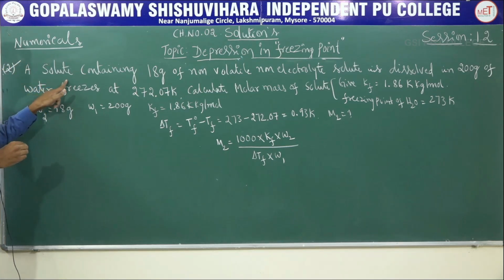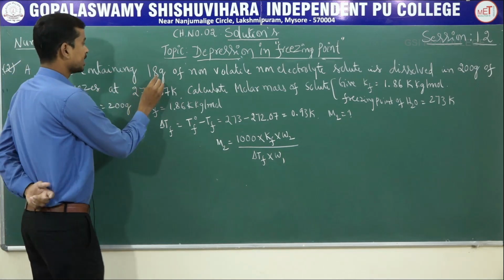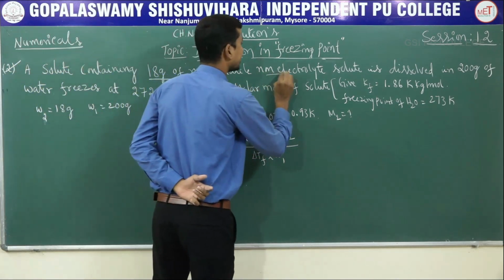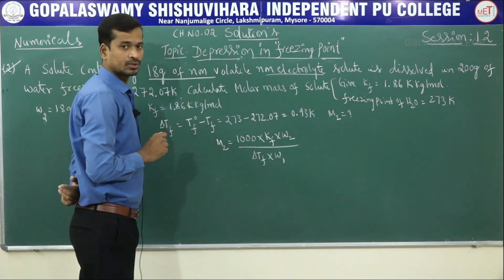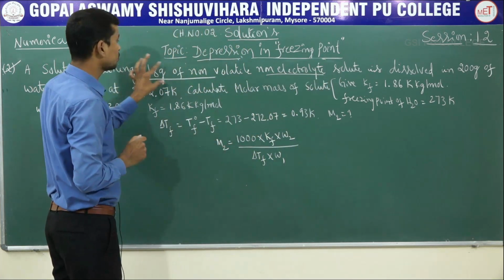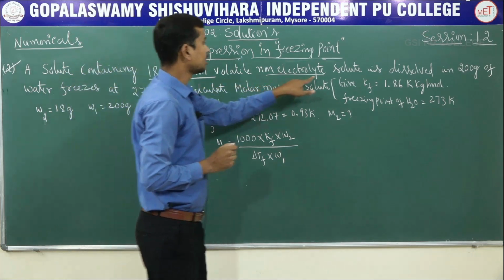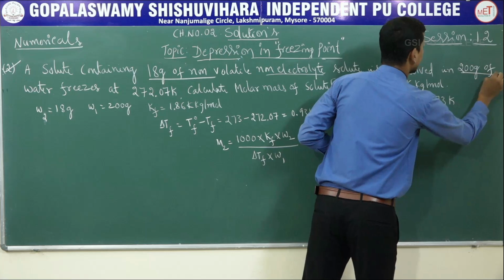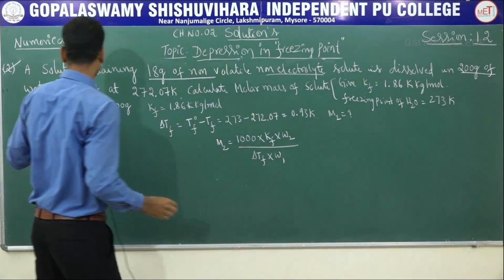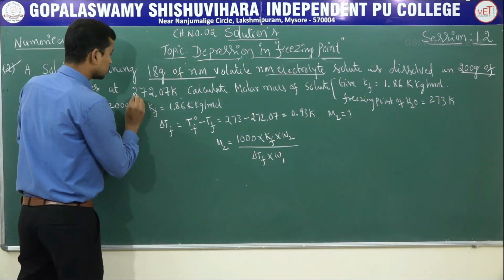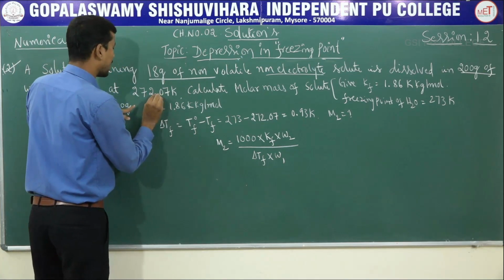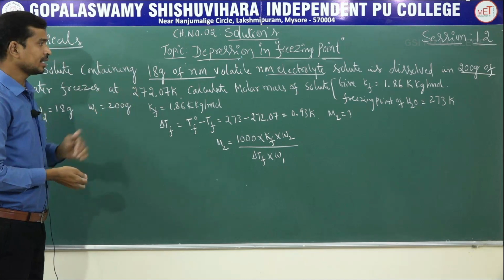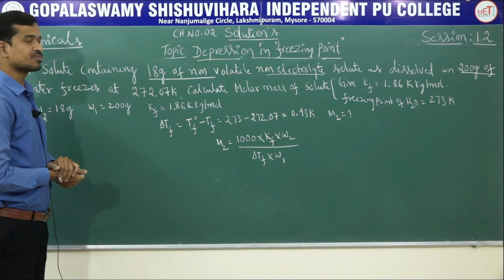18 gram of non-volatile non-electrolyte solute is dissolved in 200 gram of water, and it freezes at 272.07 Kelvin. Calculate the molar mass of the solute.